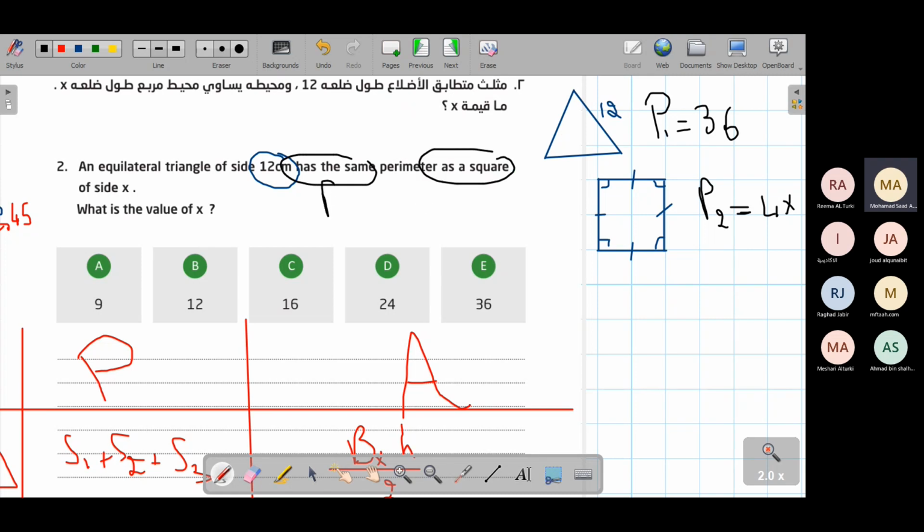So I should write that P1 equals P2. So it implies what, Ragad? 4x equals 36. So x equals to what? 9. Excellent.